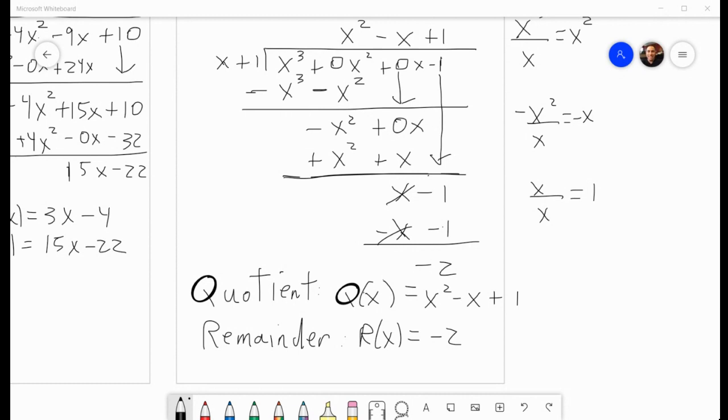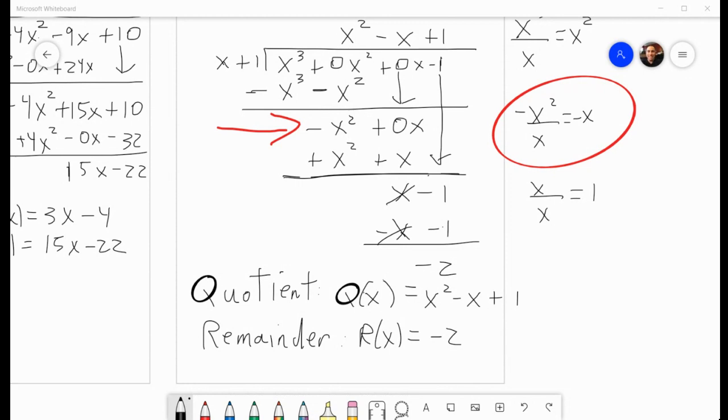Here, let me show you. See, let me mark it in red. Here, because that gives you that. Do you see what I'm doing? So before that I got 0x squared minus the -1x squared, which is 1x squared.